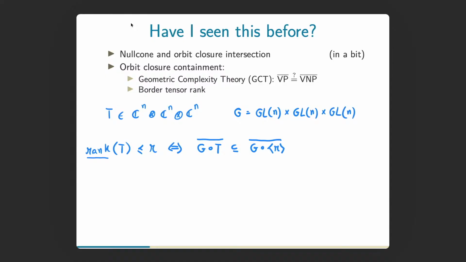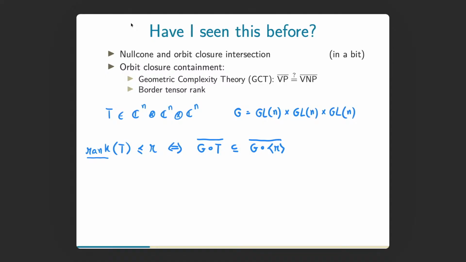And, well, you've been seeing border tensor rank in the other lectures, and border tensor rank is also an orbit closure containment problem. Because if I have my tensors T, there's this group that acts on each of the pieces, so it's a product of GLNs. And we know that the rank of this tensor is less than or equal to R, remember from the matrix multiplication, if and only if the orbit closure of T is contained in the orbit closure of this guy.